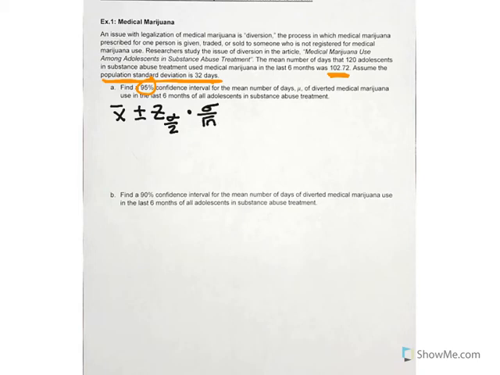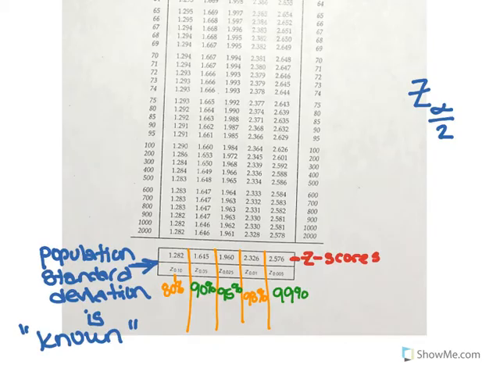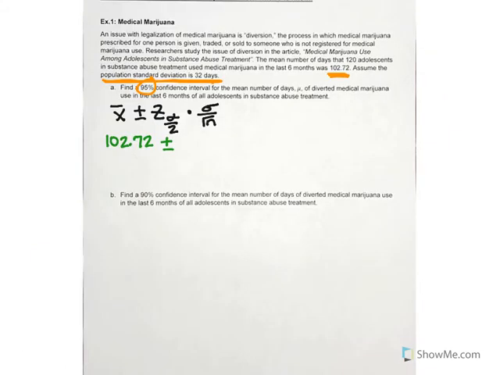Okay, so we have 102.72 plus or minus our z-score for 95, went too far, is 1.960 times our population standard deviation, which is 32 days, divided by, and I didn't highlight this for you, how many adolescents.